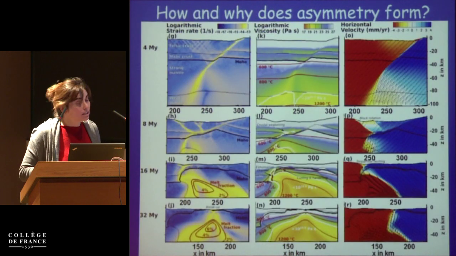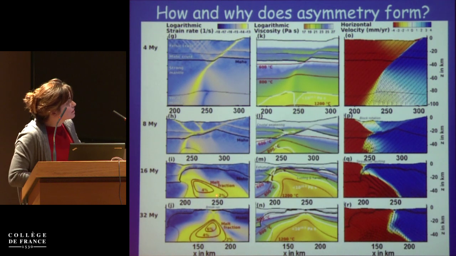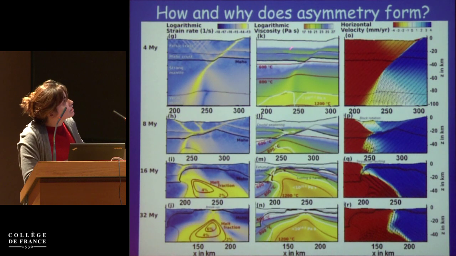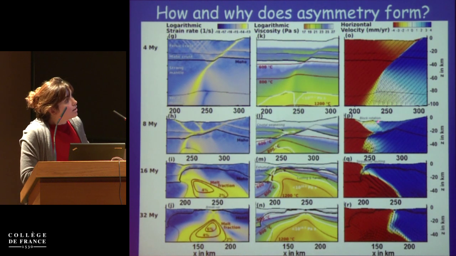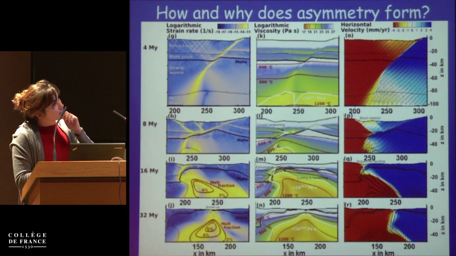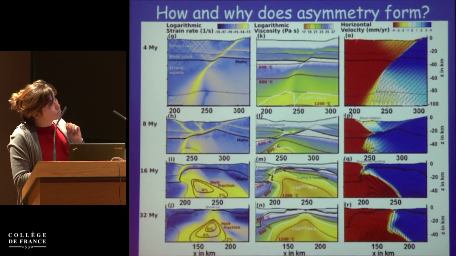Okay, so this is the process in more detail. This is strain rate, viscosity. You see, because of this strain localization, isotherms are going up at the hanging wall part of the fault, creating a low viscosity pocket in the lower crust, which promotes fault migration towards the ocean. Another important point here is the extension velocity, this is horizontal extension.